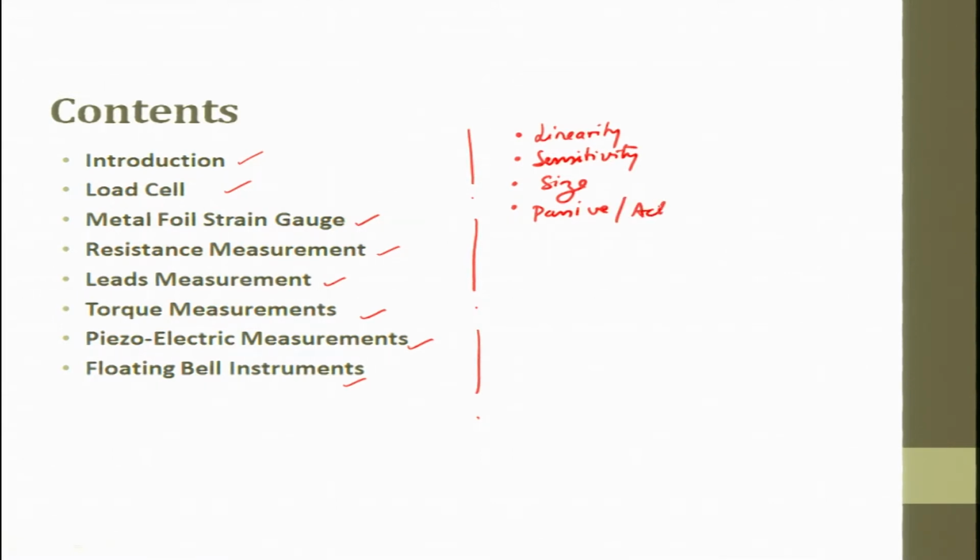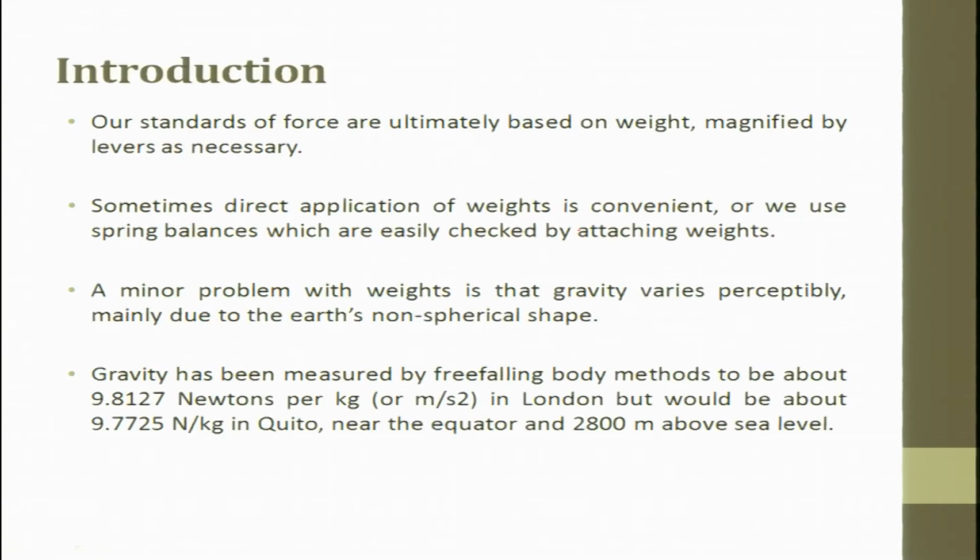If not passive, we will try to have active, but even in active it has to have minimum power requirements. These are the basic things you should always keep in mind while deciding on a sensor. Based on this we will choose what is required for us, and of course, cost is one thing which is very, very important.